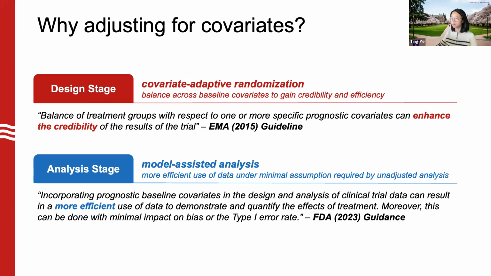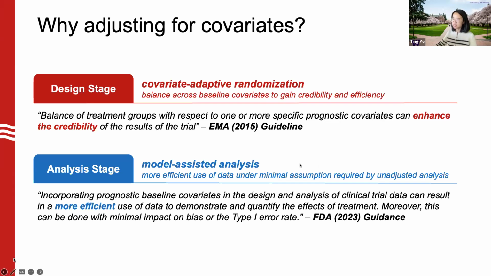And this can be done to balance across baseline covariates to gain credibility and efficiency. Most commonly used covariate-adaptive randomization include the stratified permuted block randomization and also Pocock and Simon minimization if you want to balance more covariates.